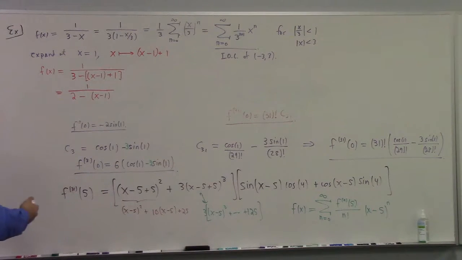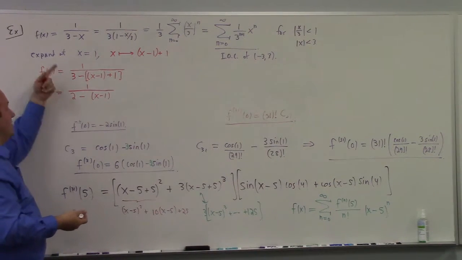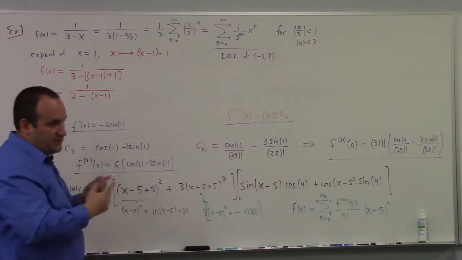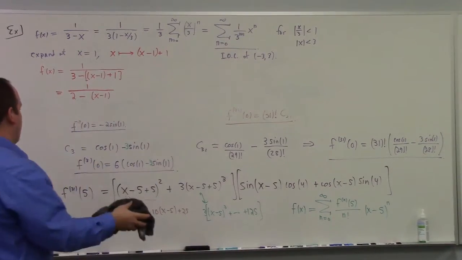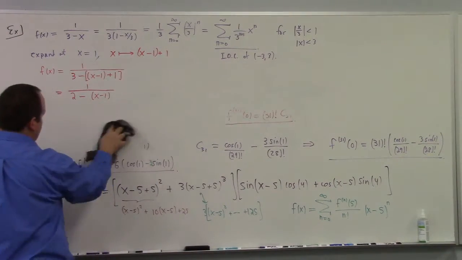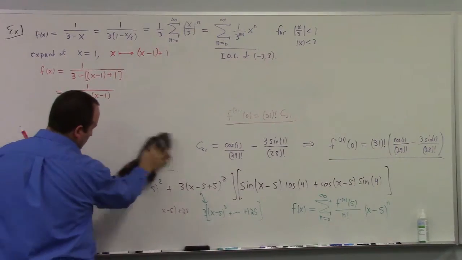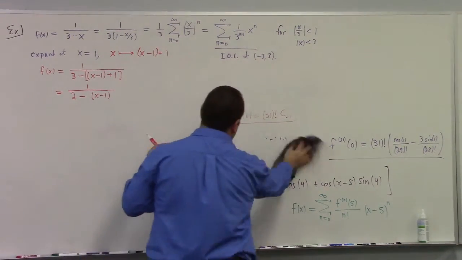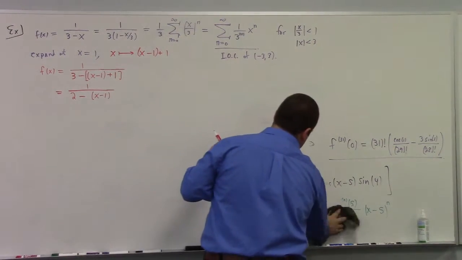Just to check, you can easily see that if you distribute this minus out, you get back to 3 minus x, right? And the reason I do that is very simple, because if I do that, then I can find the expansion of this function about 1 without a lot of work, right? So this is a standard trick I'm showing you.